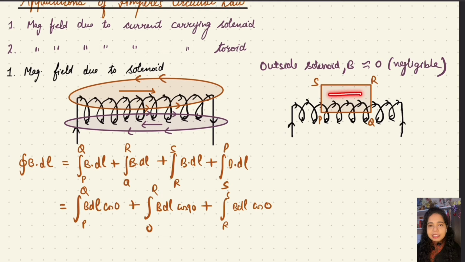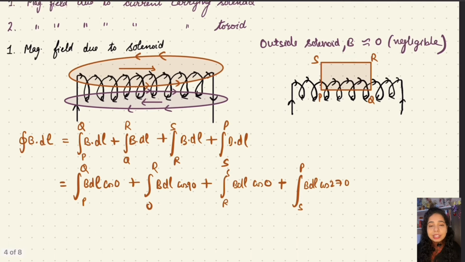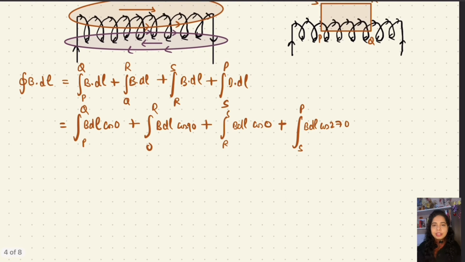Now the magnetic field is in this direction, R to S is in this direction, therefore the magnetic field and dl are acting along the same direction, therefore the angle between them is 0 degree. So we will write cos 0 plus integral S to P B dl cos 270. Now the length S to P is in the downward direction and the magnetic field is towards the right direction, therefore the angle between them is either we can say 90 or we can say 270 degree.